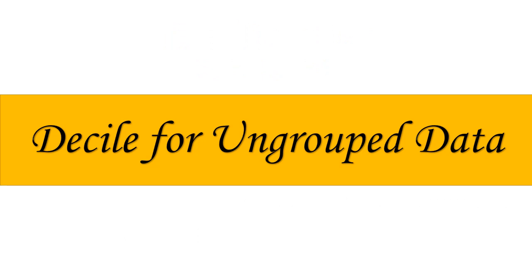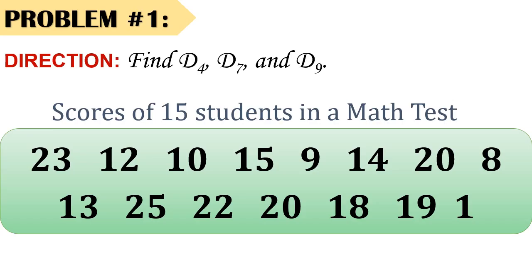Now, let us have our short activity or practice exercise for decile for ungrouped data. Here, find the 4th decile, 7th decile, and 9th decile. As mentioned a while ago, it is computed the same way we computed our percentile.